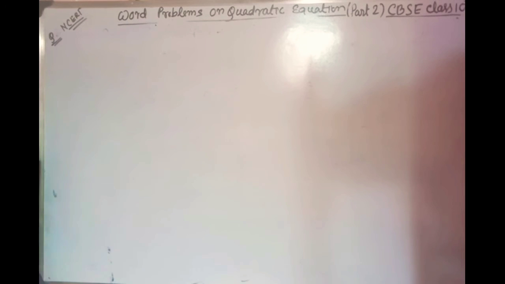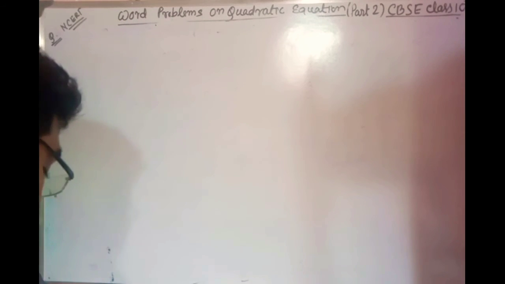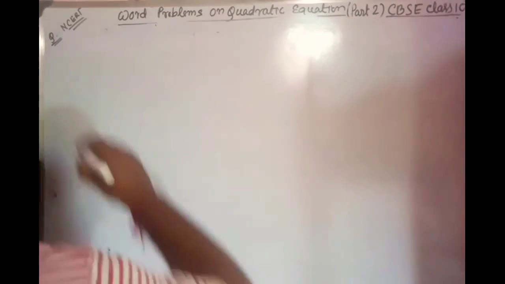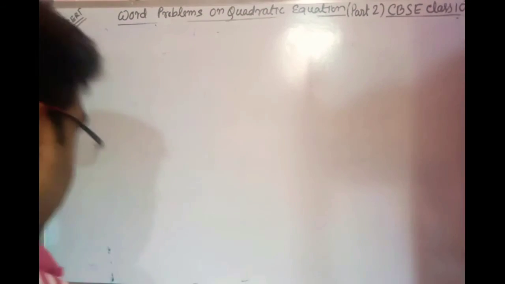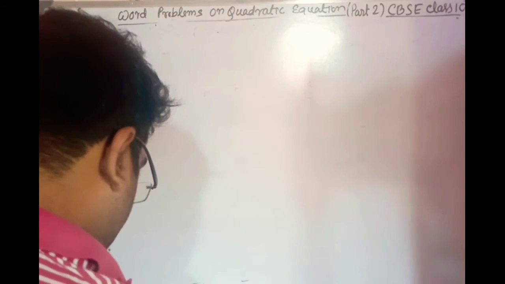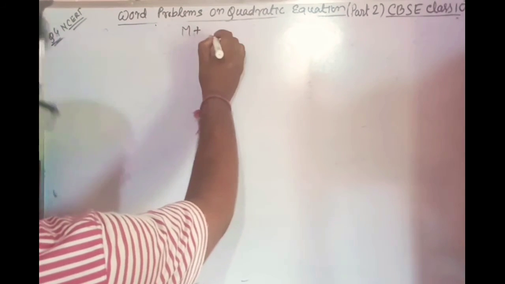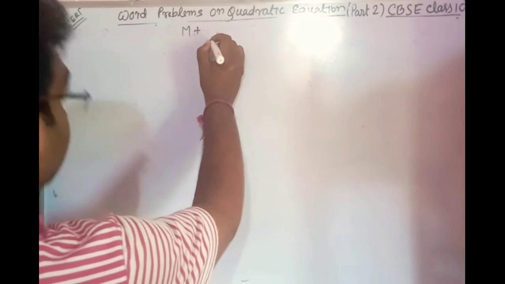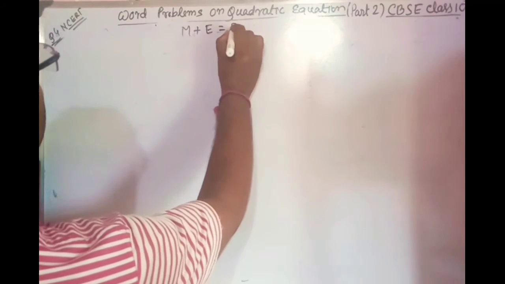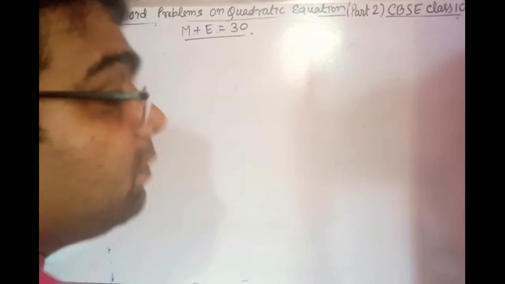Here in this question, I think it is question number 4. The total marks is 30, that is math plus English. He has got 30 marks in math and English together.